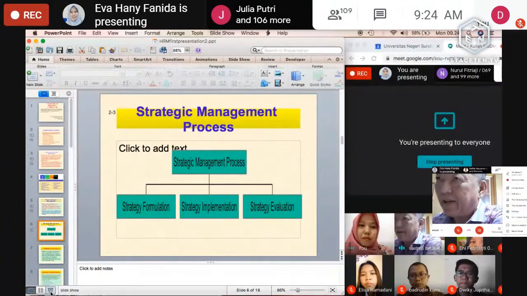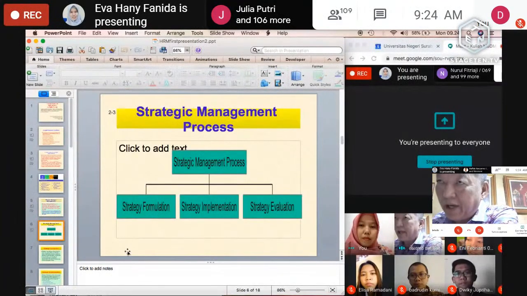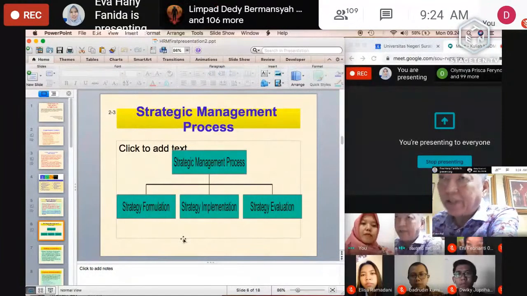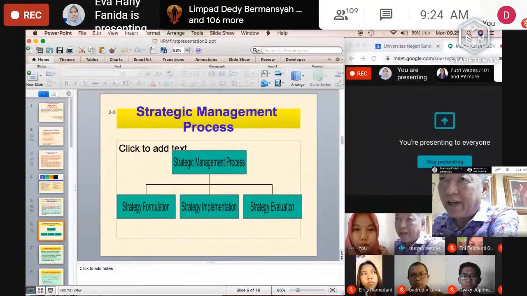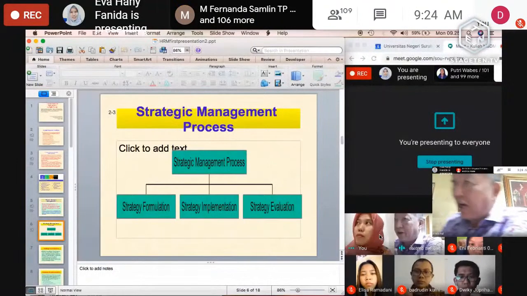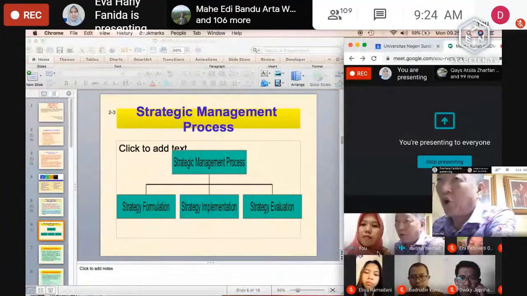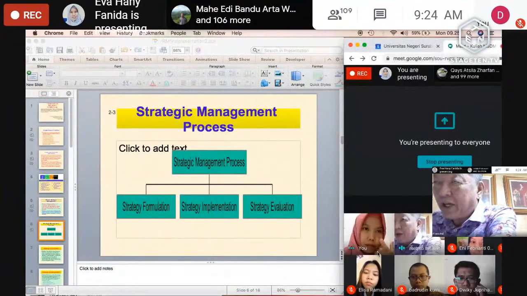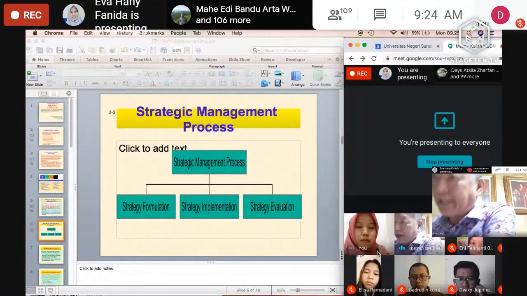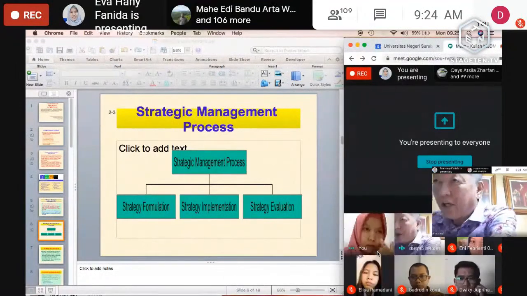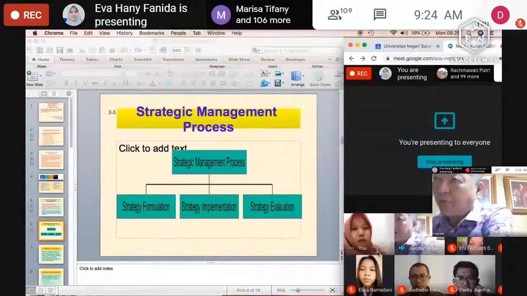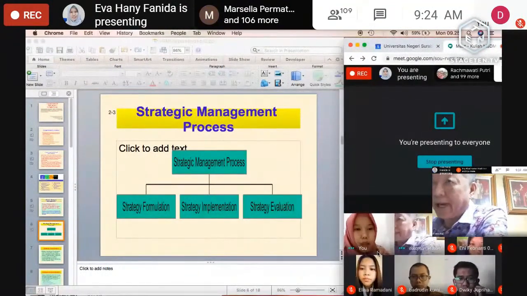There are 5 elements you should recognize and consider. The first one is the mission, then your goal, where you want to go, then the SWOT analysis, and then we have to set up the strategic plan. That is the first formulation step.